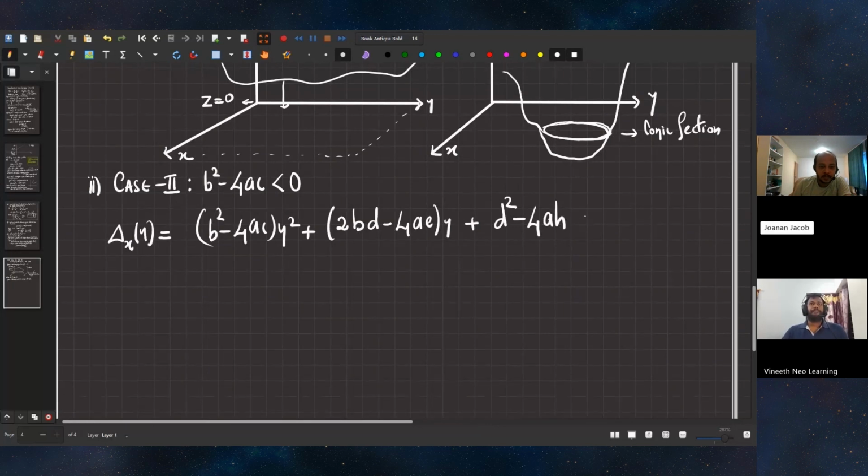Let me just check: 2bd minus 4ae times y, plus d squared minus 4h. This discriminant should be greater than or equal to 0. That's the condition.